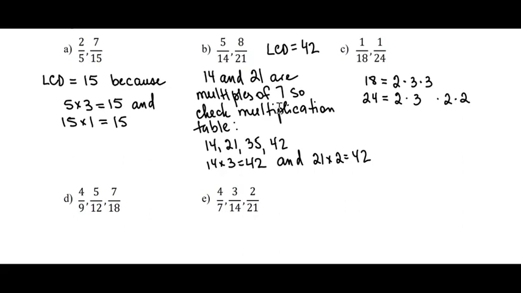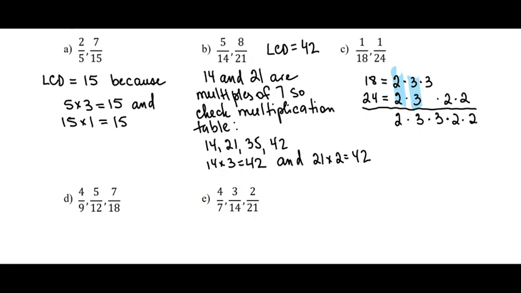I line them up in my columns. So I will have a 2 factor, a 3 factor, and then I will have all the other ones. I don't repeat a factor if it's occupying the column, so it's 2 times 3 times 3 times 2 times 2.